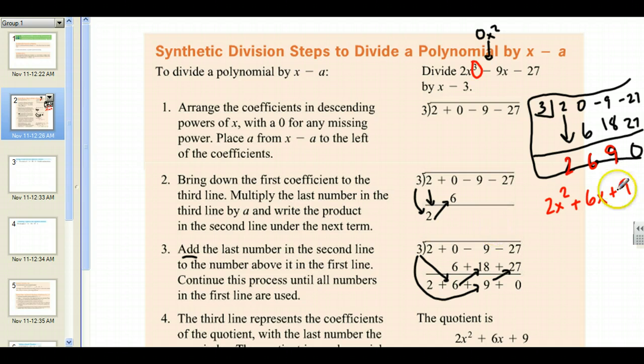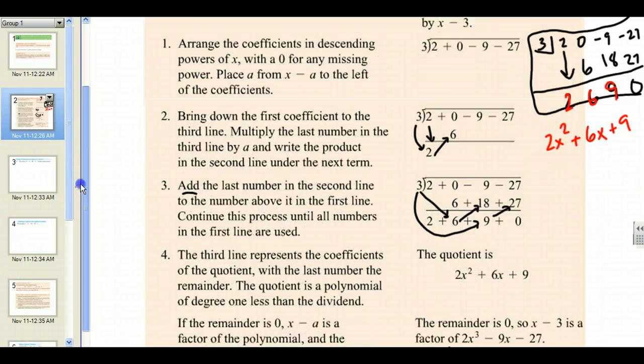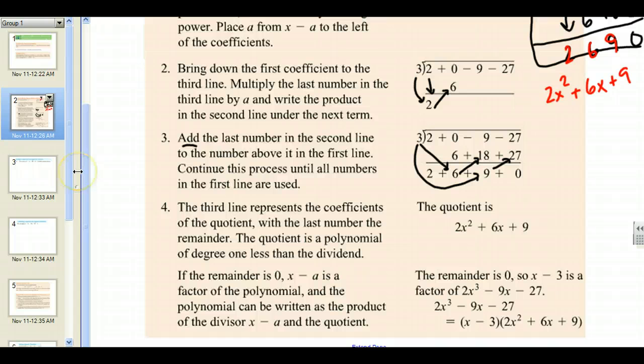Anything that precedes that last number is your constant term, or if it's the last number, that's your remainder, but this would be the constant term no matter what that next to last line is. Hopefully that's a review for you.